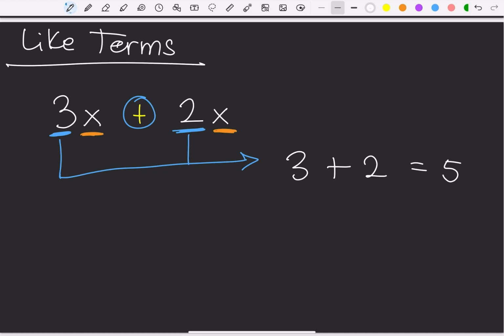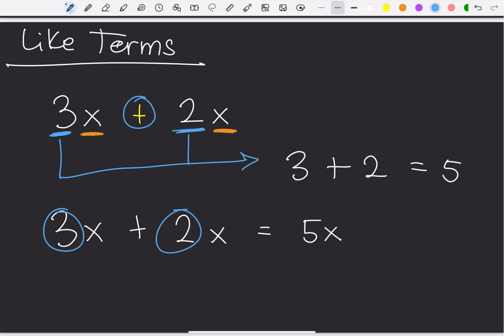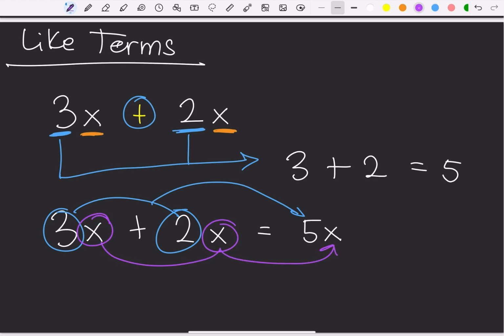So basically, our 3x plus our 2x is equal to 5x. All we did is we added our coefficients together, that becomes 5, and then we take our x, the same variable, and stick it right there at the end. So, what is 3x plus 2x? 5x.